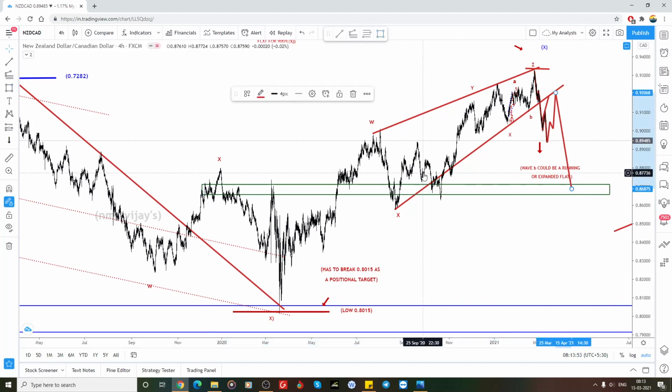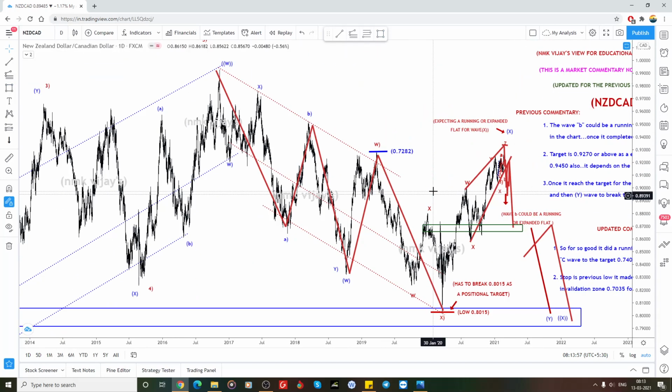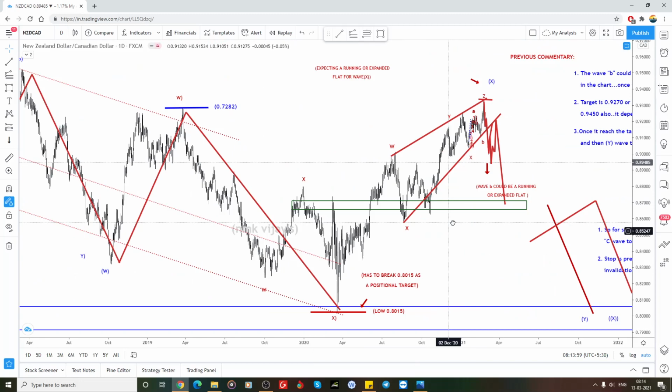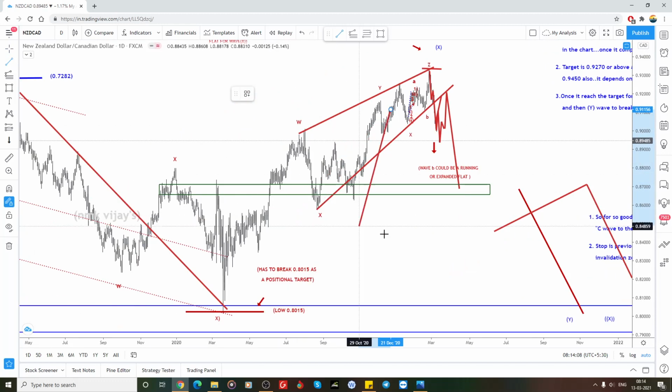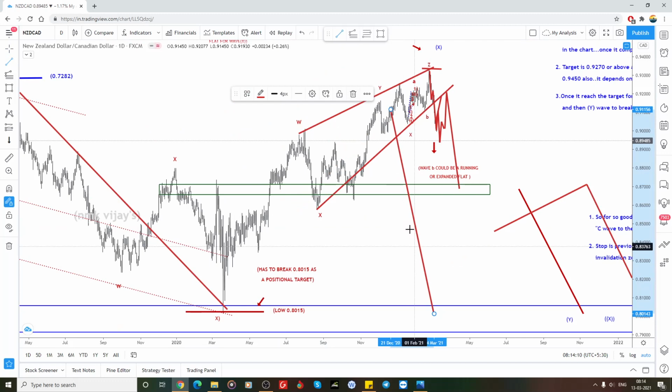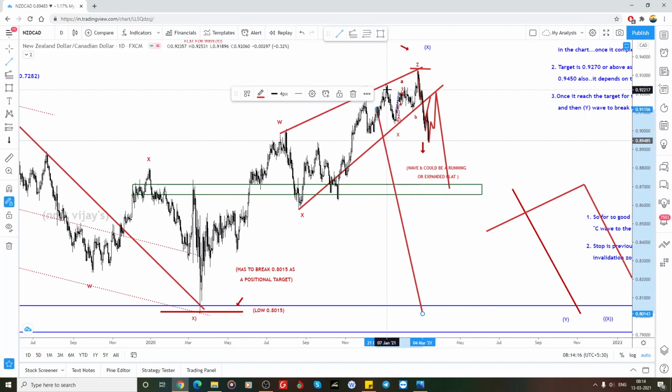Why I'm saying this here is, this is the Forex market. From here itself I said, this is a complete 5-wave structure, and it will reach this zone. From here I am expecting the completion of this as a running flat, and it already extended.